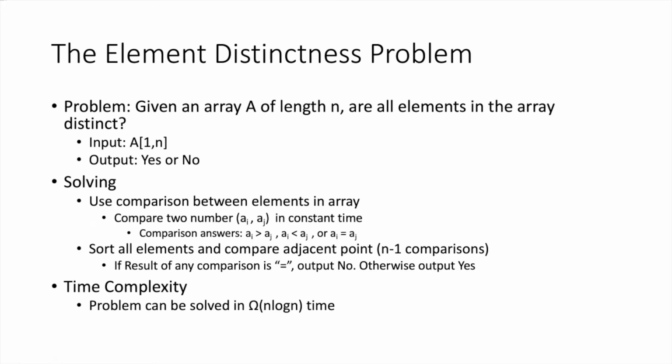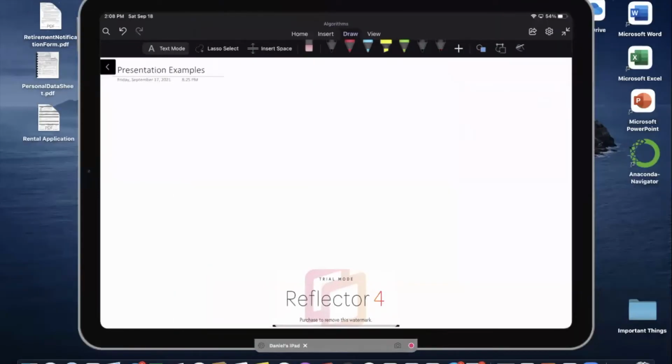So we can represent these comparisons by a basic decision tree, right? We have our decision tree, which is going to compare the ith and jth elements in A, and that's going to give us one of three answers. Either it's less than, it's equal to, or it's greater than.